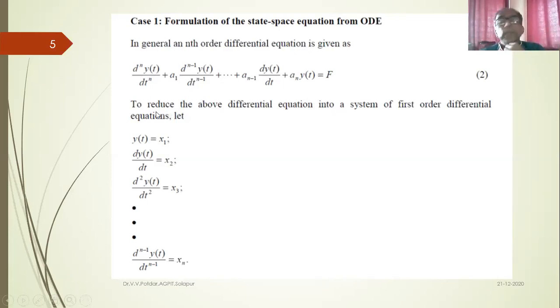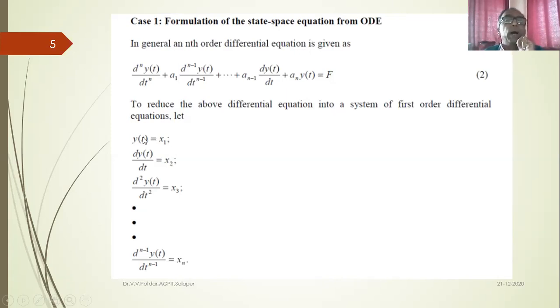To reduce, please be attentive, the above differential equation into a system of first order differential equations, let y(t) be x1. So dy by dt is x2, and d2y by dt square is x3.